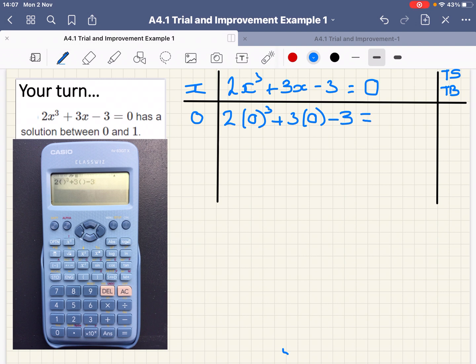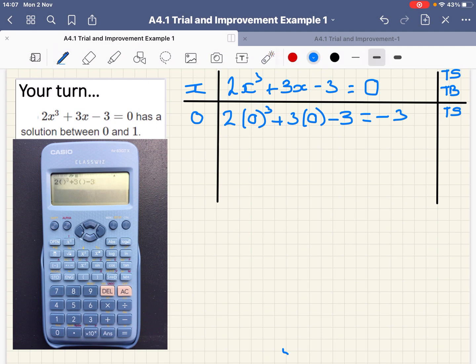And when we type that into our calculator, we get an answer of minus 3. When we compare that to the 0 we're hoping to find, we'll decide that minus 3 is too small. So that means 0 gives us a solution that is too small compared to the 0 we're hoping for.